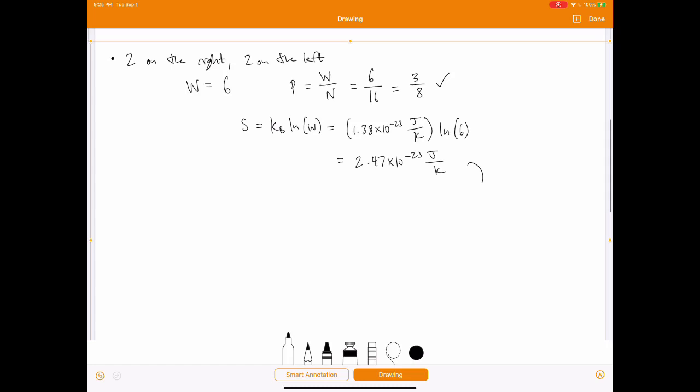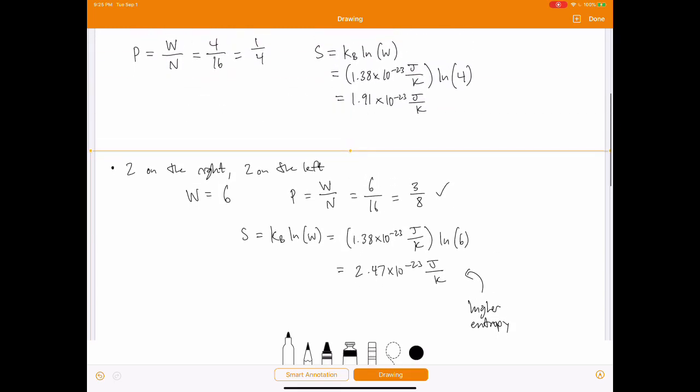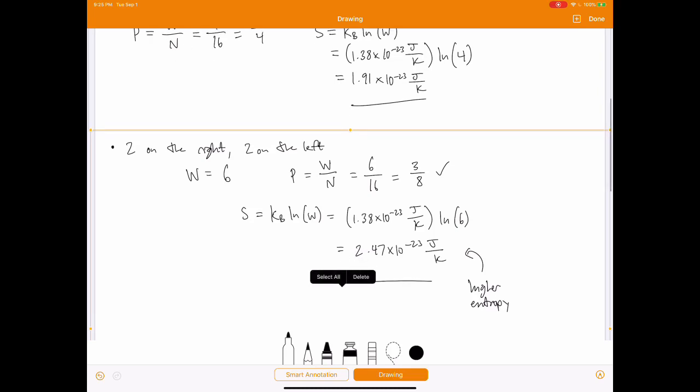Guess what? This is higher entropy compared to the other state, if we can just compare these two numbers. It's also higher probability. And this is really what I was getting at as far as the second law, how to interpret it in terms of statistical mechanics.